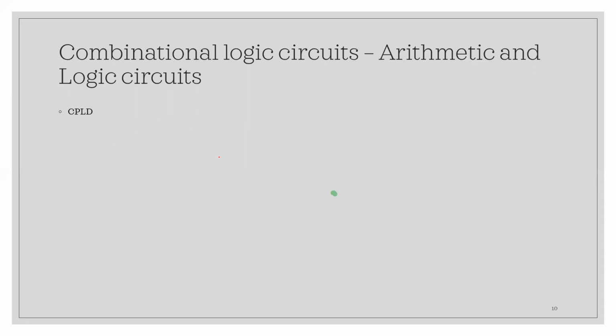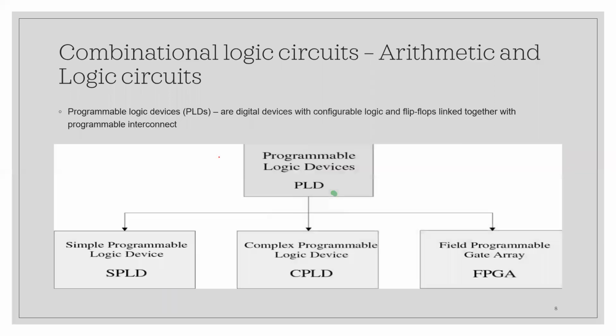So coming down to complex. If you just see in your previous flowchart, if you observe the CPLD, it is slightly more sophisticated than SPLD, but less sophisticated than FPGA. FPGA is the advanced version that we have. So CPLD falls between these two.